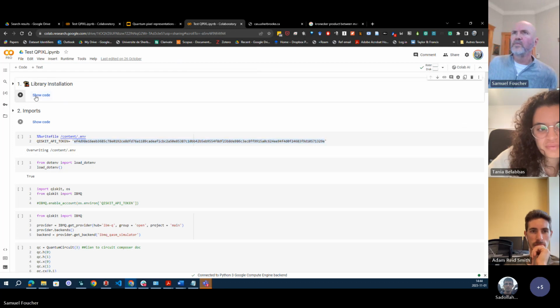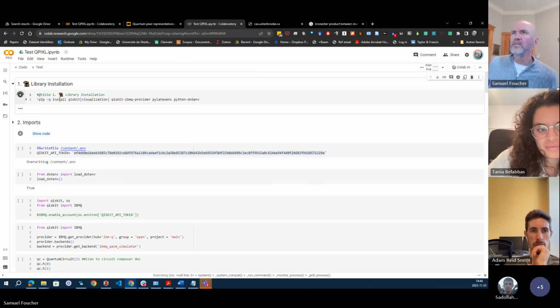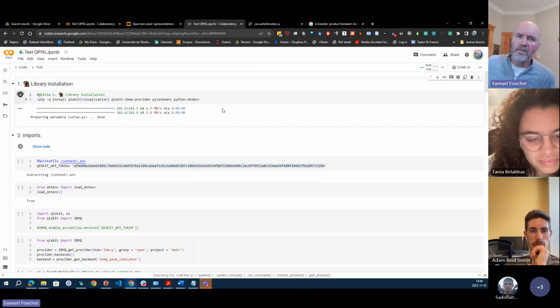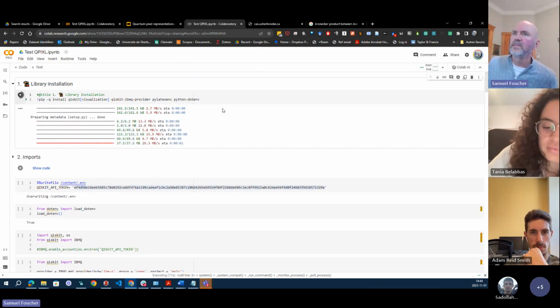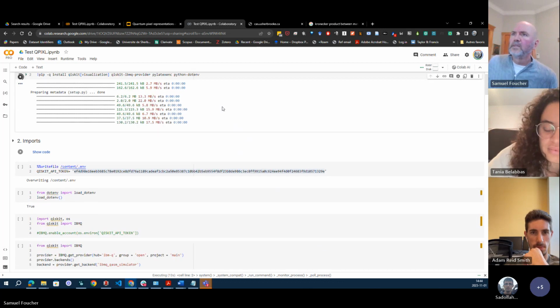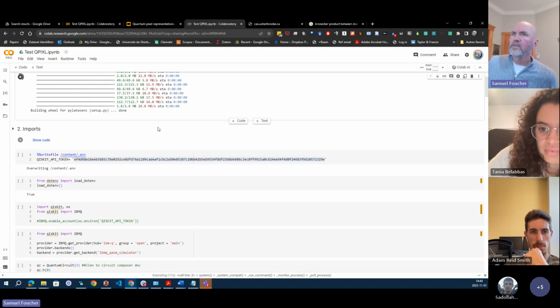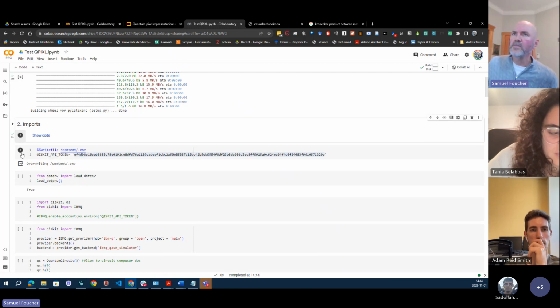So here we're going to install Qiskit. It's basically Qiskit and a few useful libraries, but mostly Qiskit here. After that we do some imports and set up your API token. If you have one, use your token.